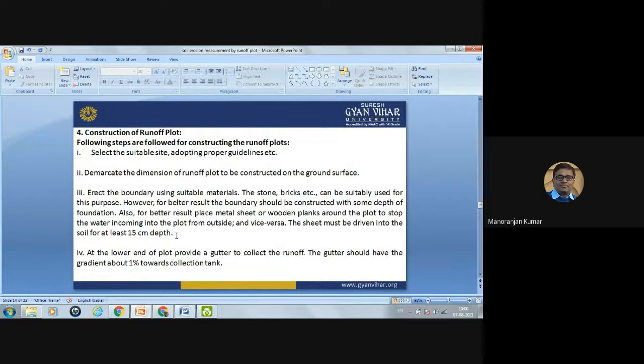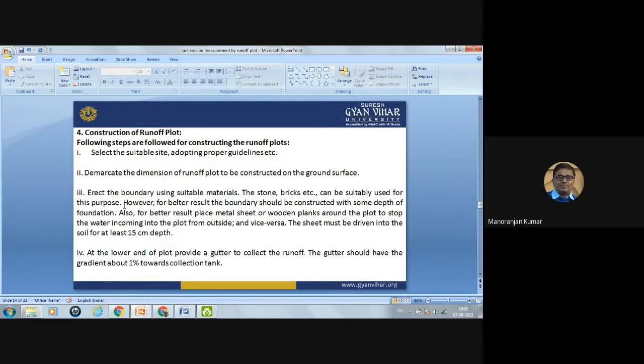So why are we doing this type of activity? Because we have to obstruct the flow of water; outside water should not come into that plot. If the outside runoff comes into this plot, then the data will be changed. Okay, so we have to obtain the correct data. That's why we are doing this type of activity.